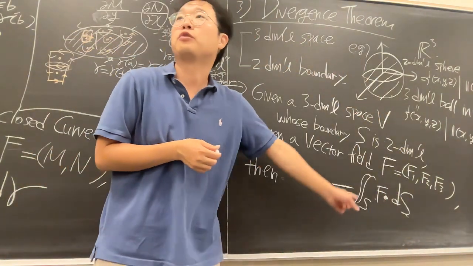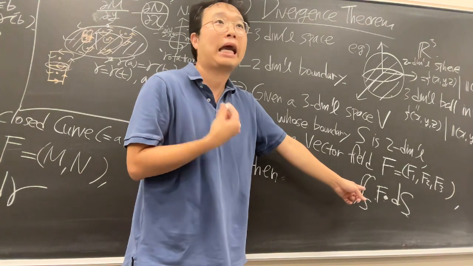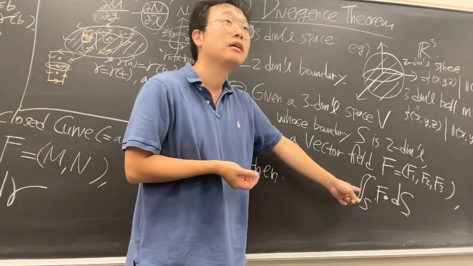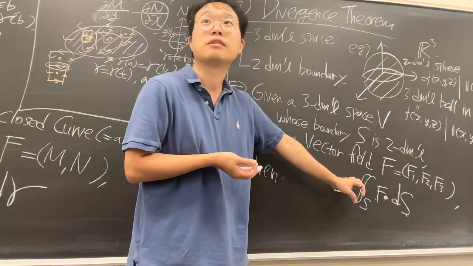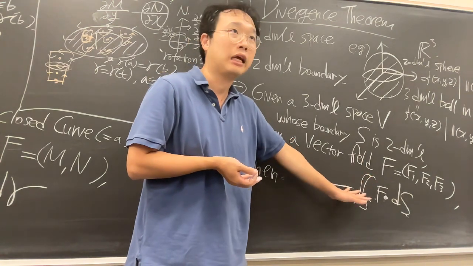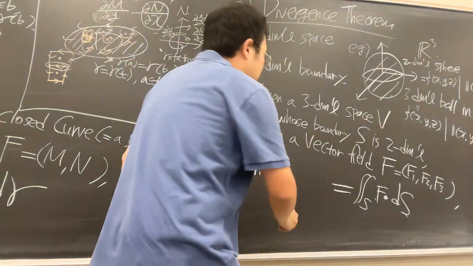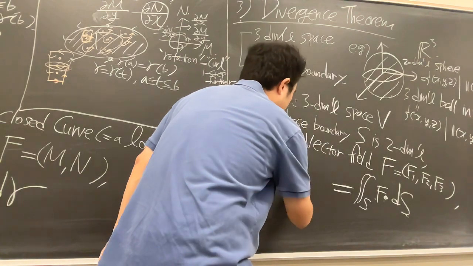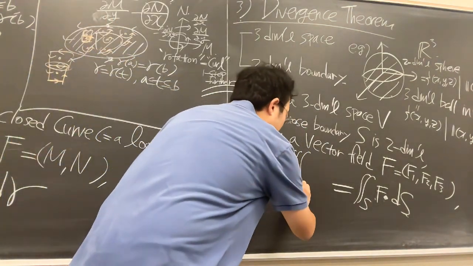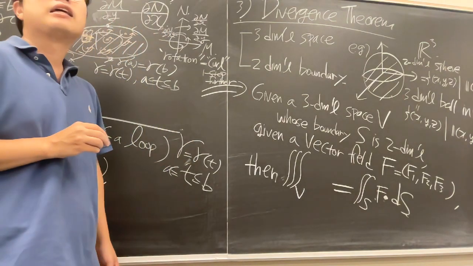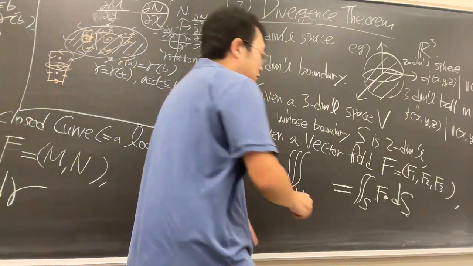And truth be told, in order to really make sense of this notation, I at least need to spend a week. But trust me, in terms of computation, this becomes very easy for our class. But let me try to explain this at least naively. So this is the same as the triple integral on this 3-dimensional space V, and it's kind of not crazy.